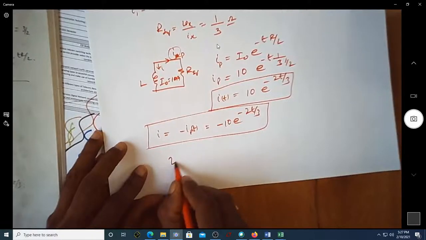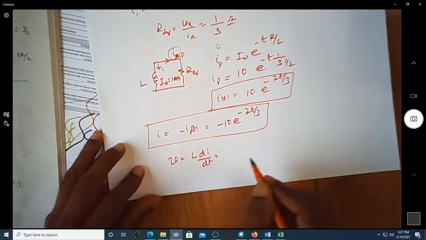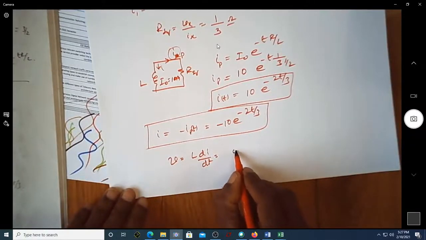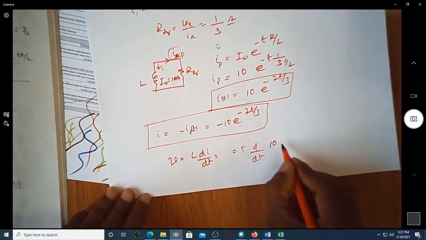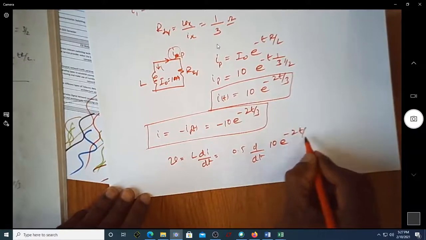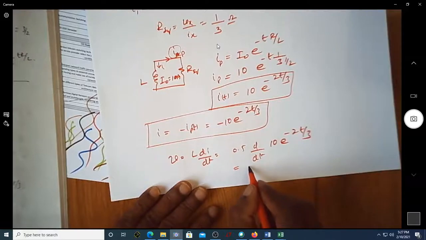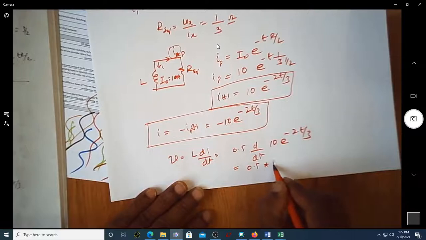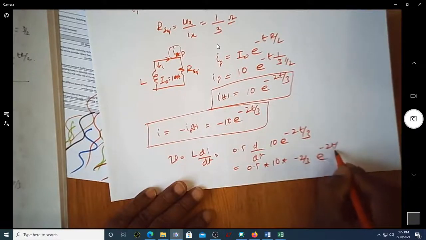V is equal to L into di by dt. Since I know the value of L as 0.5, and I is minus 10 e power minus 2t by 3, upon taking the derivative, this is 0.5 into minus 10 into minus 2 by 3 into e power minus 2t by 3.